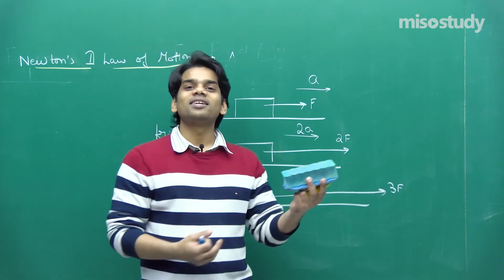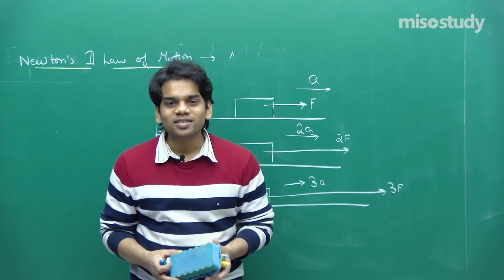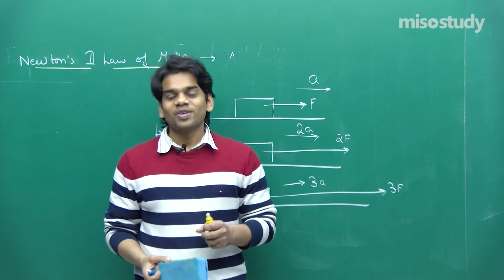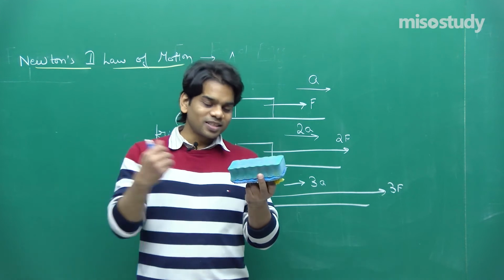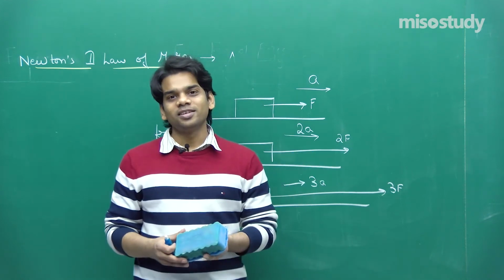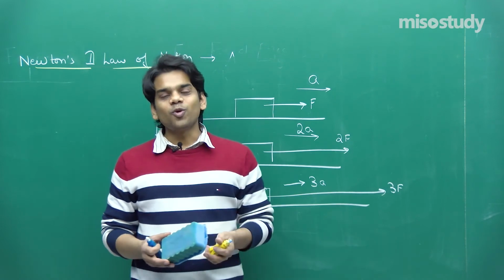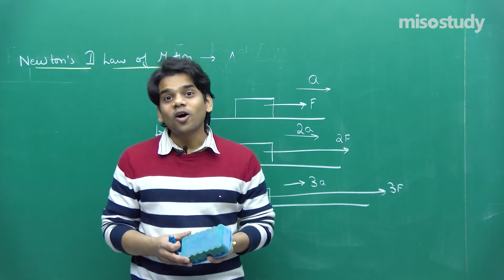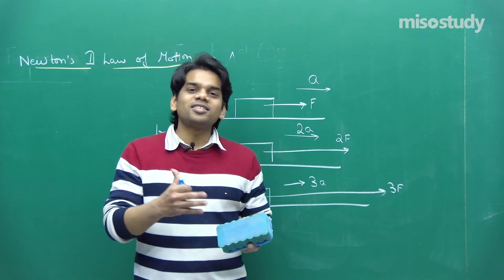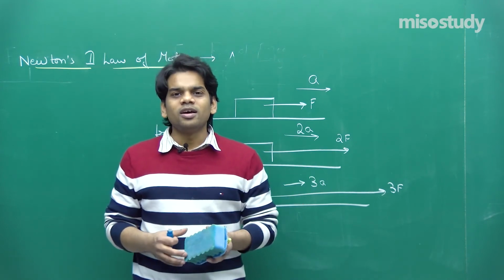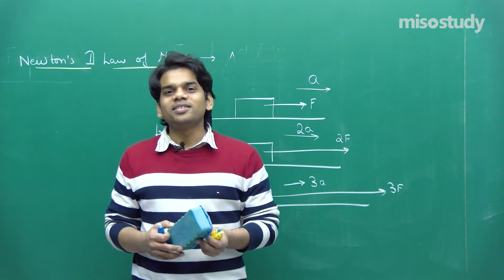You will observe that this time the table or chair's acceleration will be twice the acceleration you observed earlier. Further, if you increase the force to thrice its initial value, the acceleration will be 3 times.